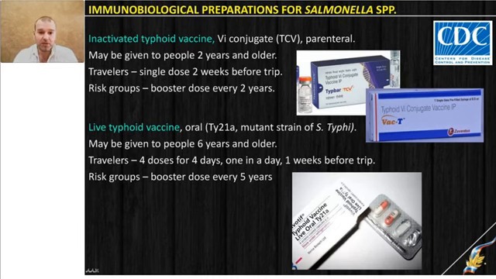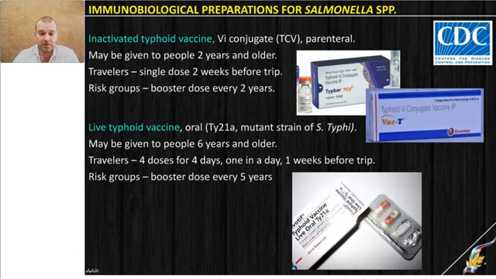After injection of the inactivated vaccine, immunity is much stronger. In the case of parenteral vaccines, immunity lasts for about 2 years, and only one dose is required. A live vaccine should be given as 4 doses, and immunity will appear about a week after intake of that vaccine.